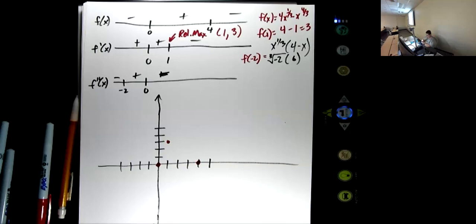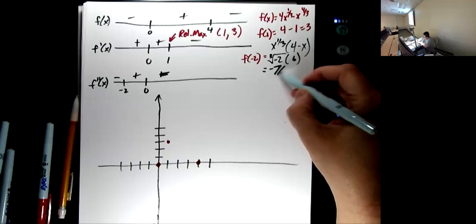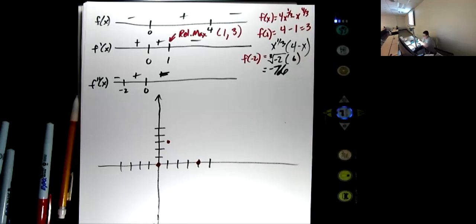Calculator. Cube root of -2 times 6, -7.6. There we go.